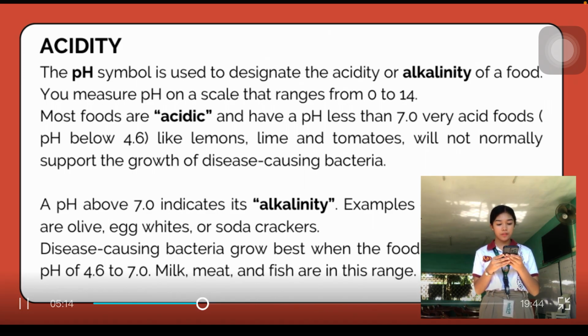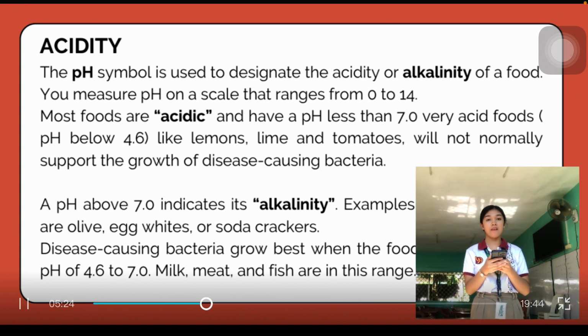Very acidic foods, below 4.6, like lemons, limes, and tomatoes, will not normally support the growth of disease-causing bacteria. And a pH above 7.0 indicates alkalinity. Examples of alkaline foods are olives, egg whites, and soda crackers.